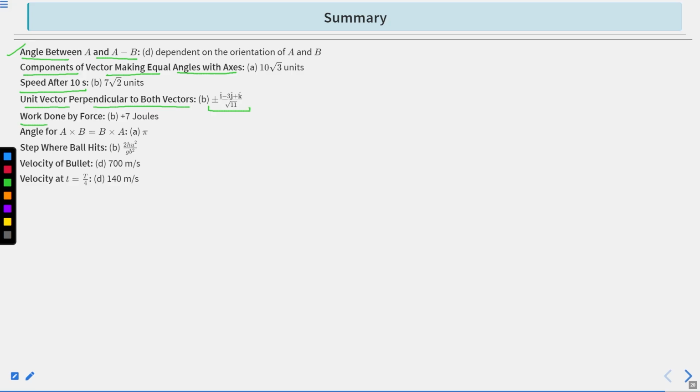Clear? Work done by the force, A cross B equal to B cross A, the step where a ball hits, then velocity of a bullet, and then velocity at t equals T by 4. So these are the main concepts used in today's lecture. So we learned these concepts through questions. Clear? Thank you.